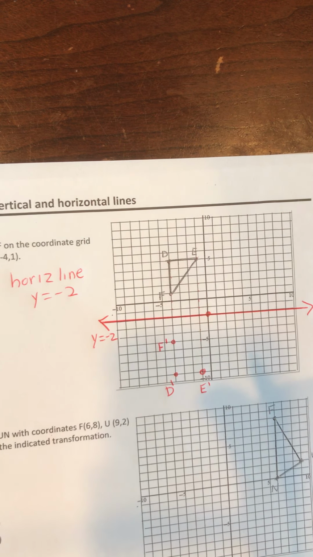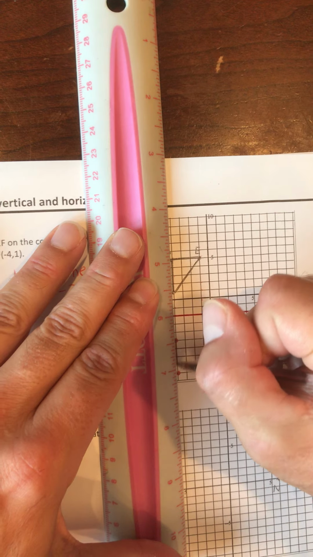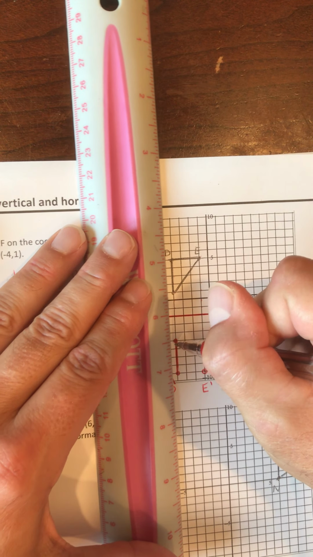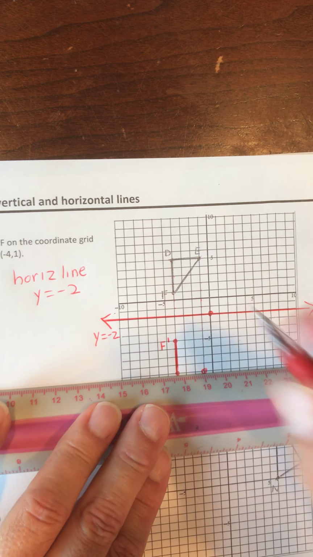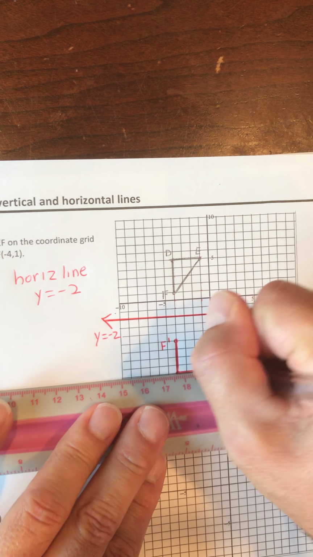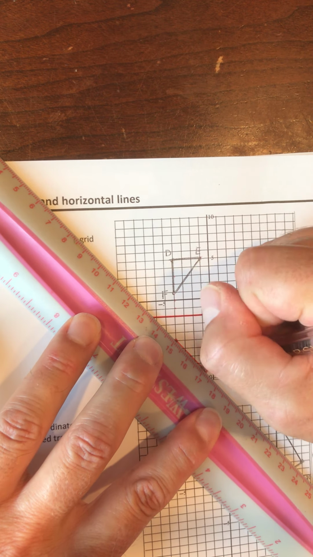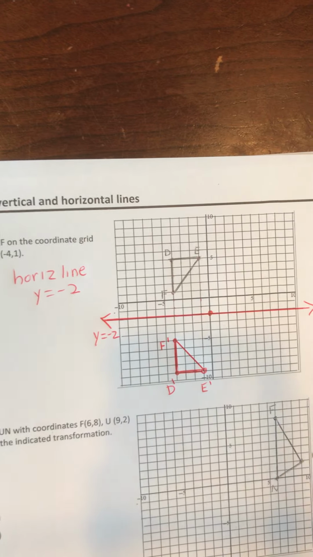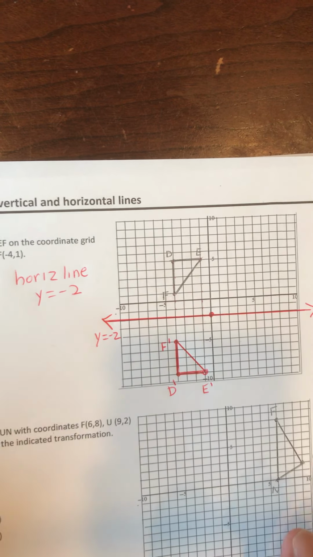You really need to graph these in order to do a reflection. The only reflection you don't really need to graph is over y equals x, which I'm going to do in one more example, like number 3 on this page. Usually you graph first, then get the coordinates.